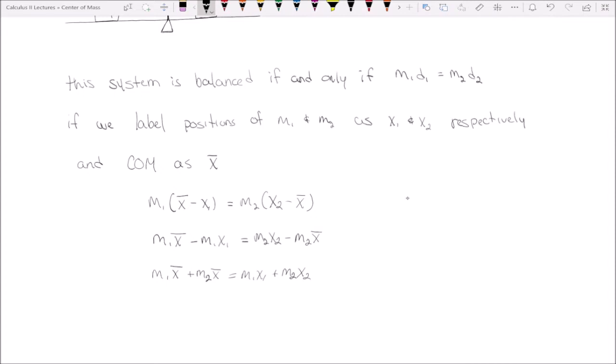So this is what we get. X bar would be (m1x1 plus m2x2) divided by (m1 plus m2).